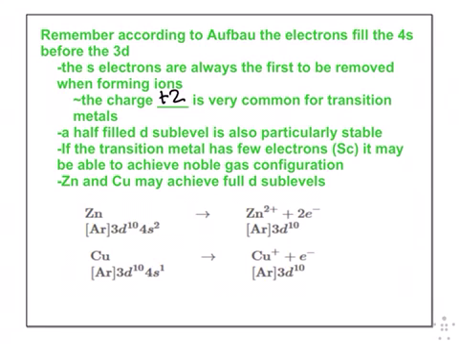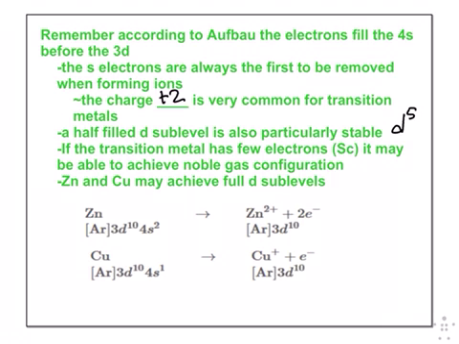However, it's slightly challenging. If we have a half-filled D sublevel, so that would mean D5, so there's 5 electrons, that's a particularly stable configuration. So if an element has D5 in its electron configuration, it's not really likely to gain or lose electrons. That's not to say it can't, but it's unlikely because it's pretty stable.